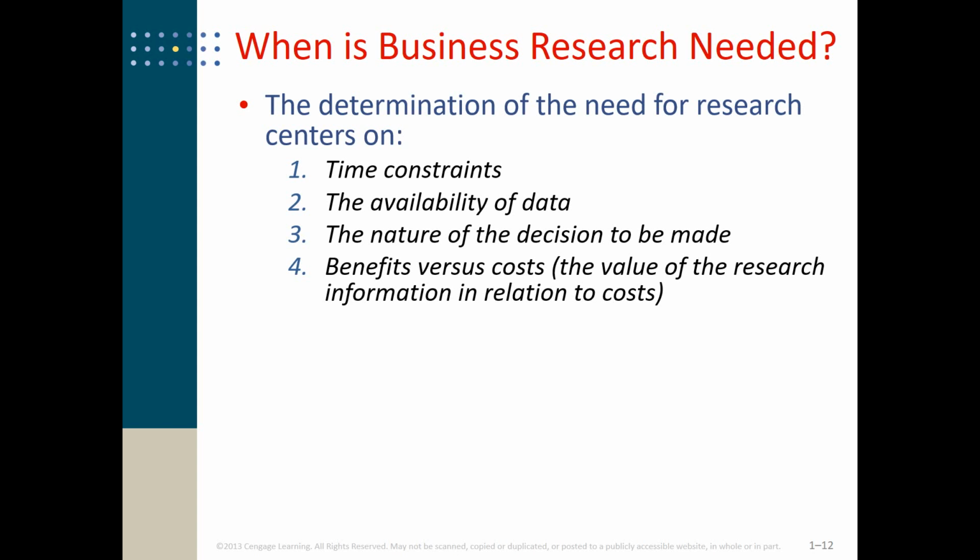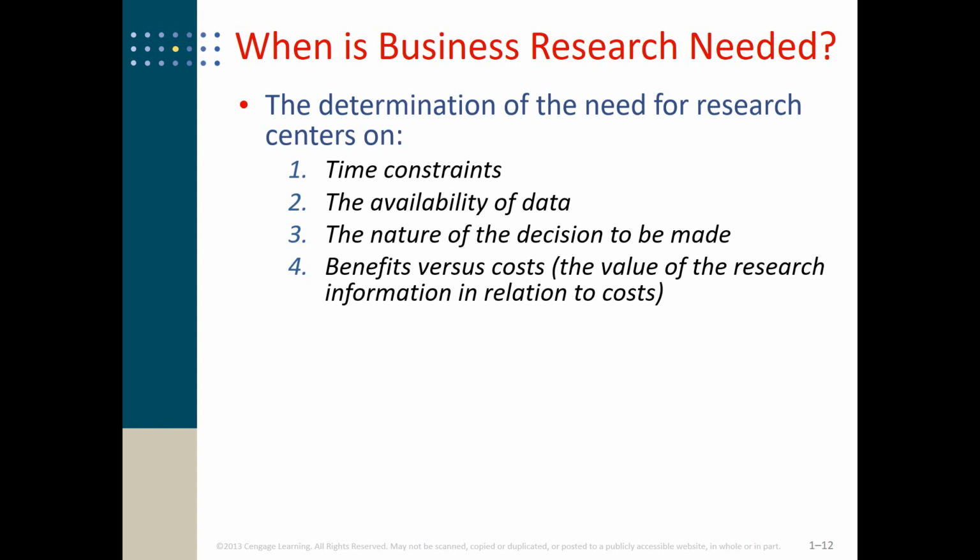To do business research, another prerequisite is data. Whenever we want to conduct any research, a very important proposition is the availability of data. If we do not have available data, we may not be able to do research. And then the nature of the decision to be made.